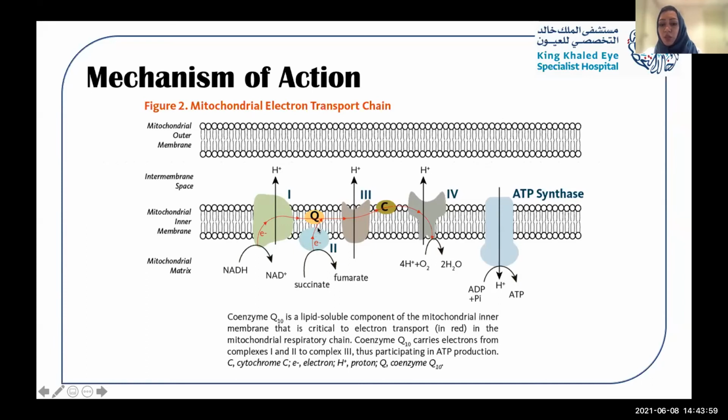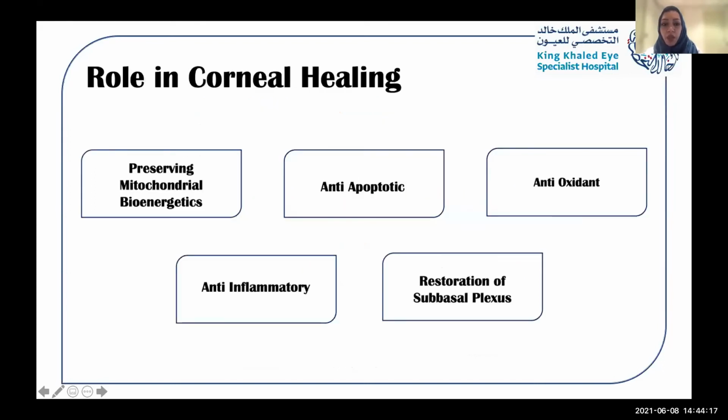It is a lipid-soluble molecule and it has a very crucial role in modulating the permeability of the electron transport chain, which is important in production of ATP. What's the rationale behind it? Like I mentioned, it's important in the electron transport chain, and this results in ATP production.